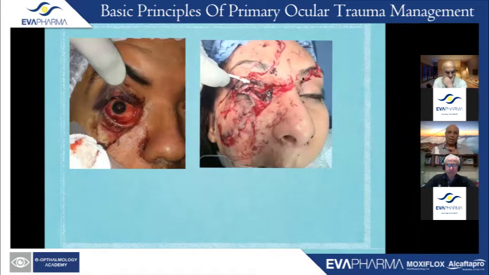This patient was refusing examination without anesthesia, and under anesthesia I found his globe was okay. He had some hyphema and subconjunctival hemorrhage, but there was no ruptured globe. So this is very important to know before surgery.